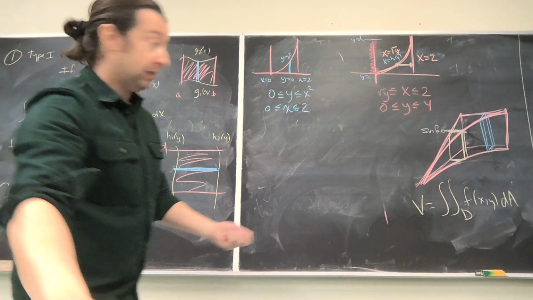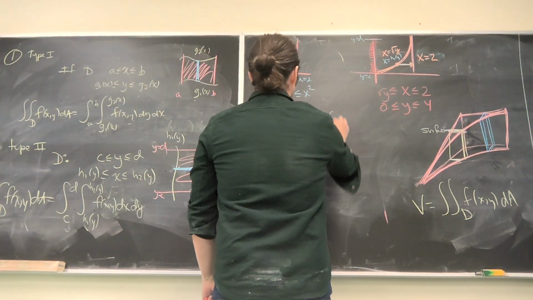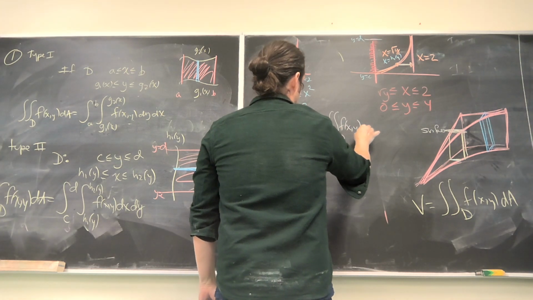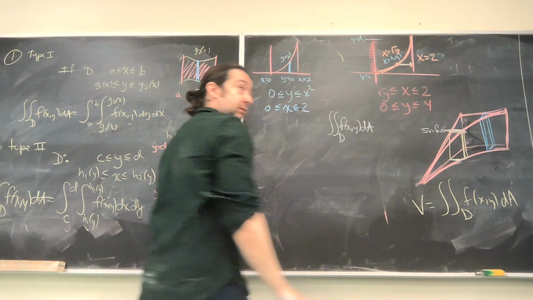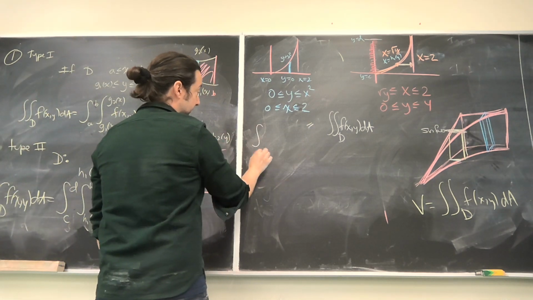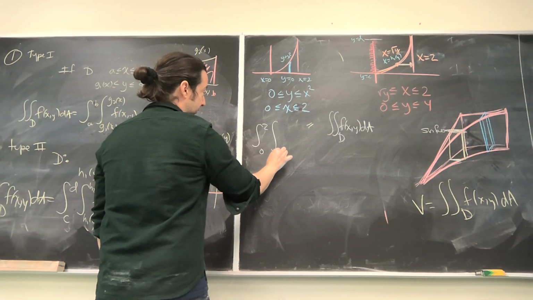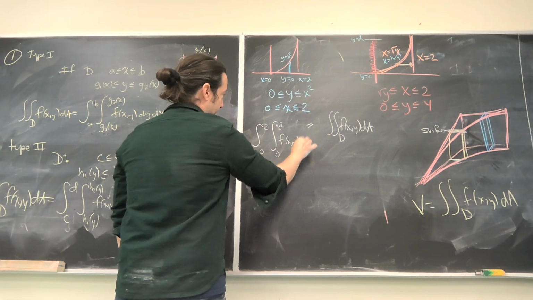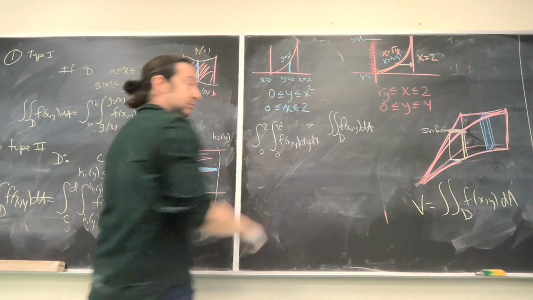So ultimately, we've got now the statement that we were trying to compute the integral over the domain of f of x and y dA. On the one hand, we've already argued that this is the integral from 0 to 2 of the integral from 0 to x squared of f of x and y dy dx.